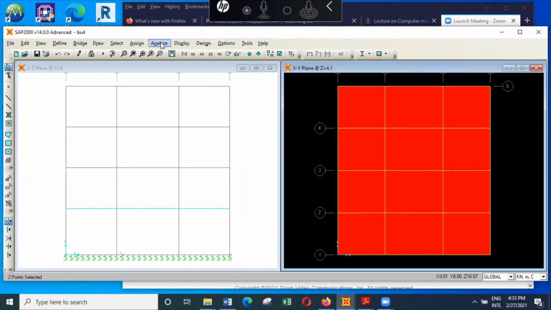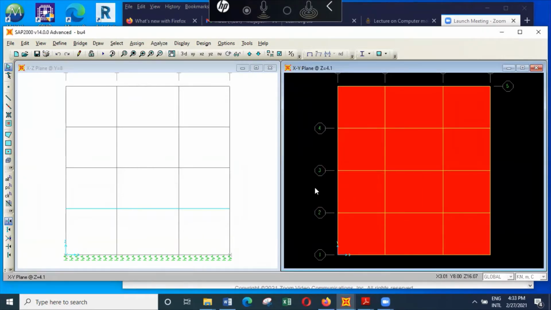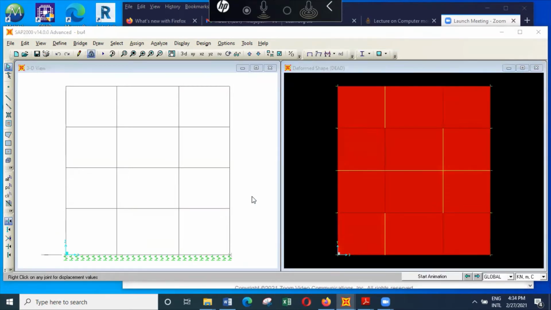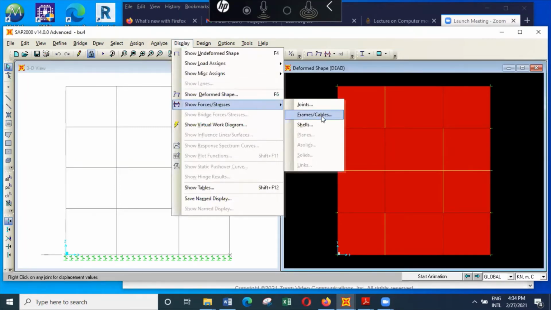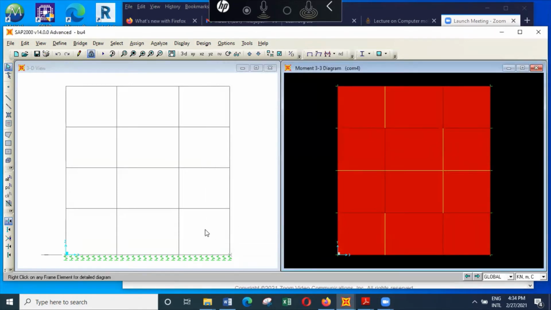So we'll analyze this again. Basically, if we want to design this as an inverted T, what we need is the moment not under service conditions but under ultimate conditions, because we will be designing the inverted T for those.